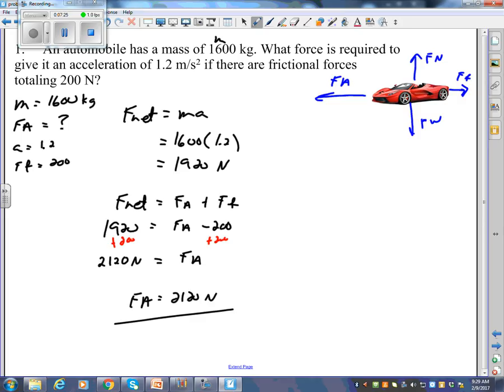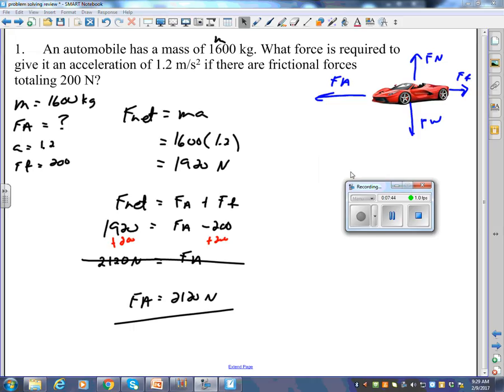If you want to skip this step, that's okay. Many of you, certainly by the end of the course, can just take that minus 200 over to the other side, punch in your calculator, and then write it like this. You should be able to do that sort of mental gymnastics. Okay, that's a grade 11 question. But again, we're reviewing here, right?